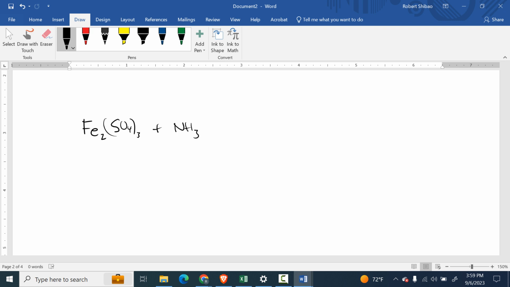So the first thing I look for is double replacement. But one thing that I notice here is I have ammonia. Ammonia is a weak base. And what do weak bases do? Weak bases weakly hydrolyze water.